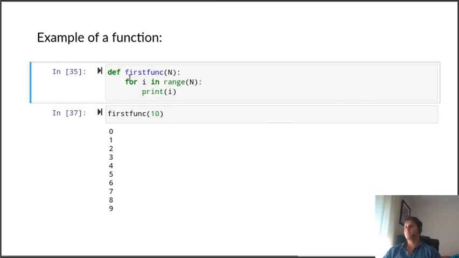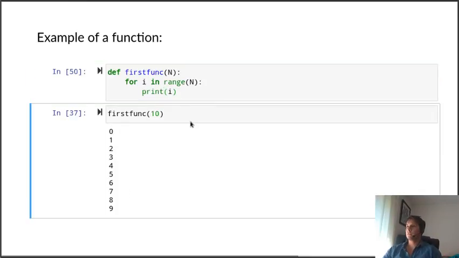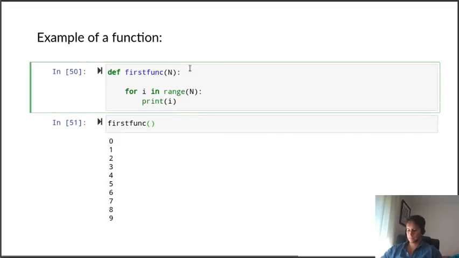Here, for example, I'm defining a function called first function with parameter n, and what it does is just print the first n numbers starting from 0. As you can see, if I don't remember what it does, I'm screwed. That's why I can put a docstring here.